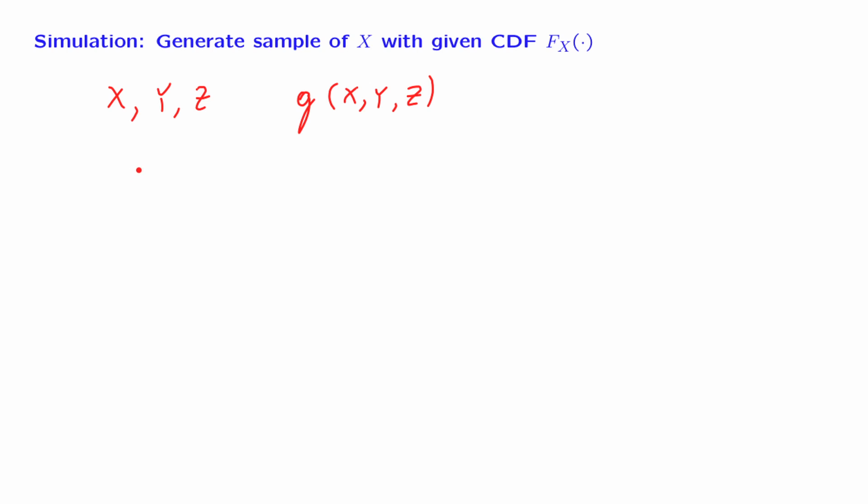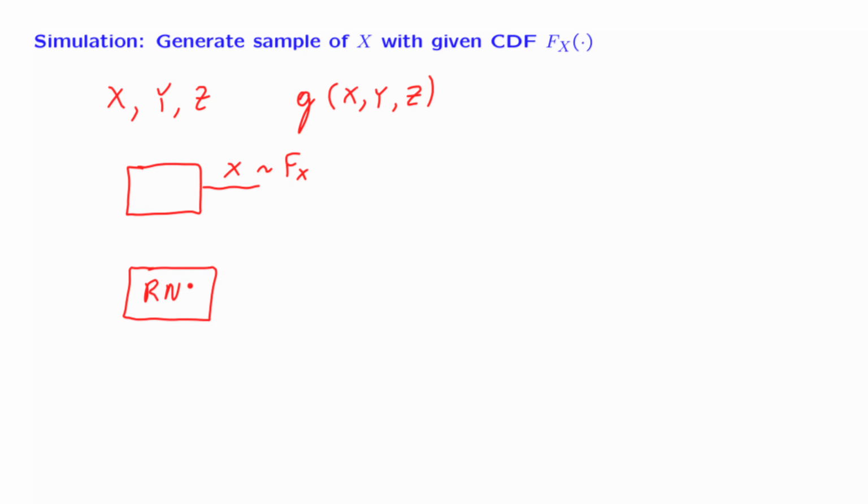So what we want is to create some kind of box that outputs numbers, and these numbers are random variables that are distributed according to a CDF that's given to us. How can we do it? Well, computers typically have a random number generator in them.